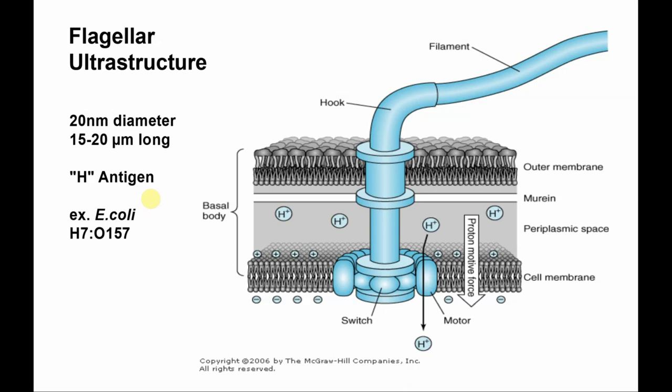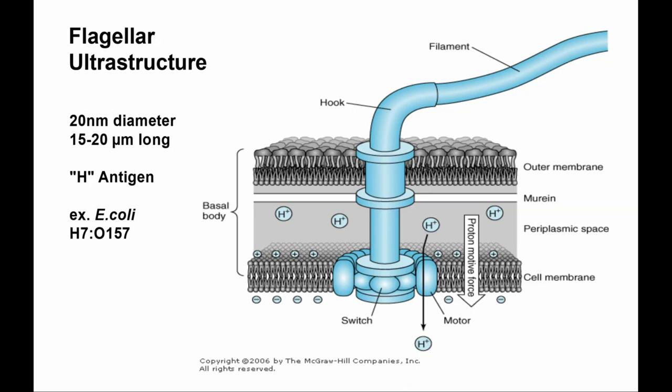The K antigens, the O antigens, and H antigens are useful for identifying individual strains of the same species of bacteria. H is for heat, because the flagellum is made up of protein, so it's destroyed by heat, whereas the capsule antigens and the O antigen repeats in LPS are resistant to heat, because they're polysaccharides. Their structure isn't denatured.